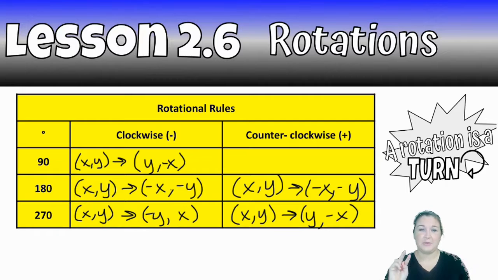With 180 you just take opposite signs; with the 90 and the 270 you flip the order, and for one of them you take the opposite sign. If I turn to the right 270, negative 270 degrees, that's the same thing as turning to the left, counterclockwise, positive 90. So that goes here as well.